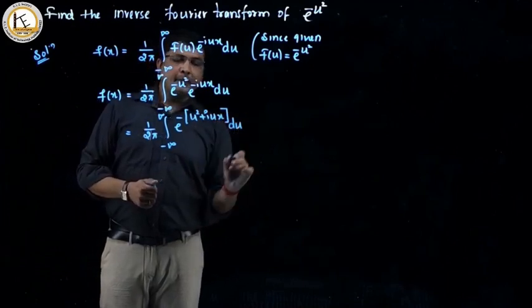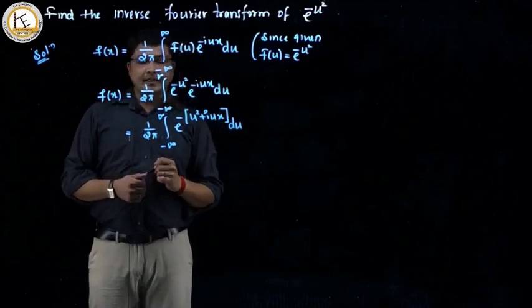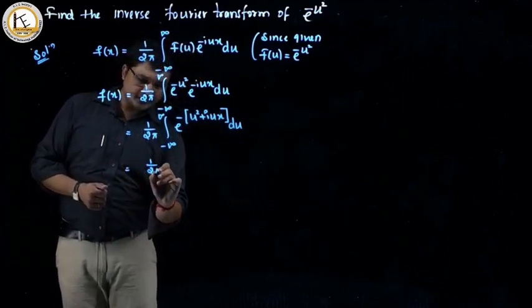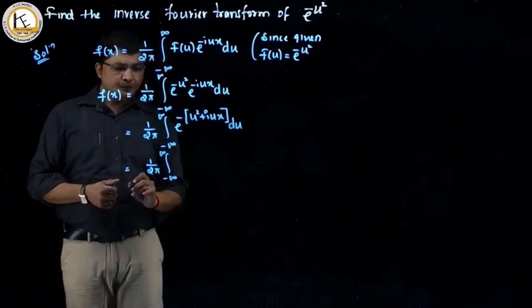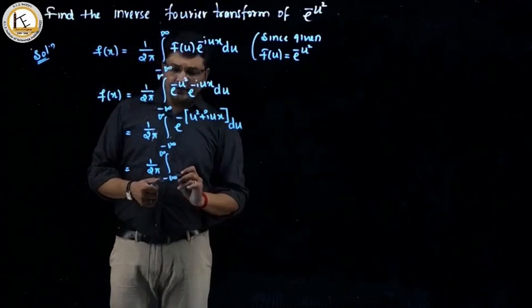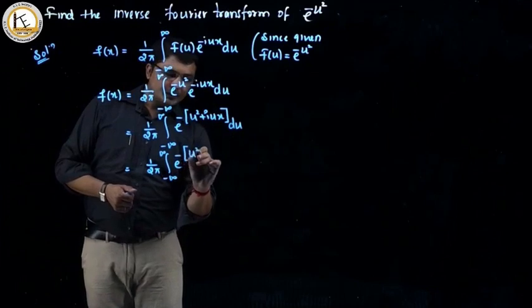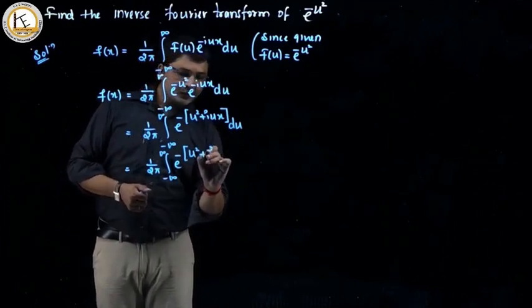So I will move to the next step. The limit is minus infinity to plus infinity. So e raised to, I will take the minus sign outside, and it becomes u square plus iux with respect to u. And still the integral is not in the standard form.